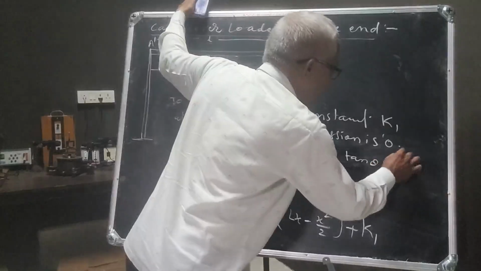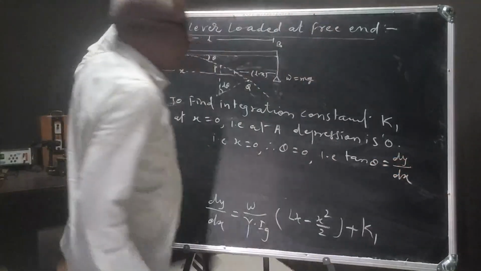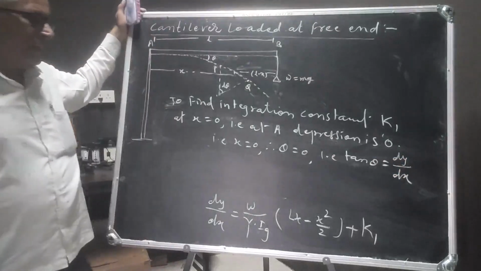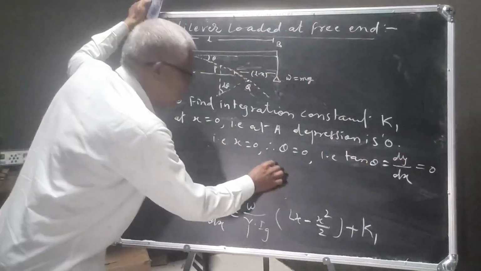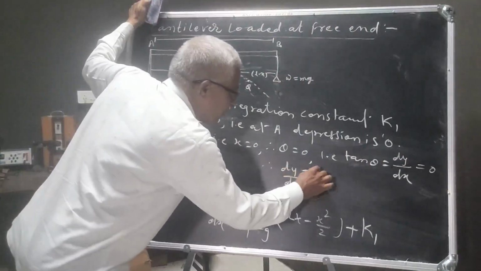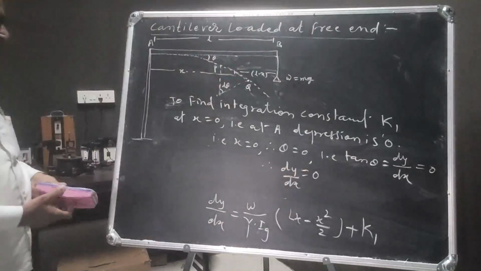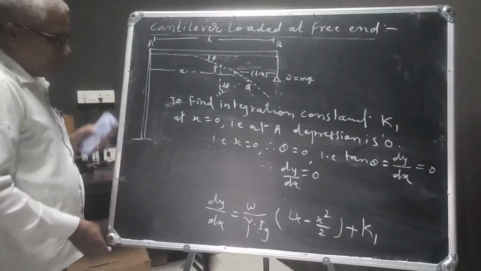Tan theta is nothing but the depression along the y-axis divided by the depression along the x-axis, and this is also equal to 0. Therefore dy by dx equals 0. Putting these values in this equation, we get the value of k1.